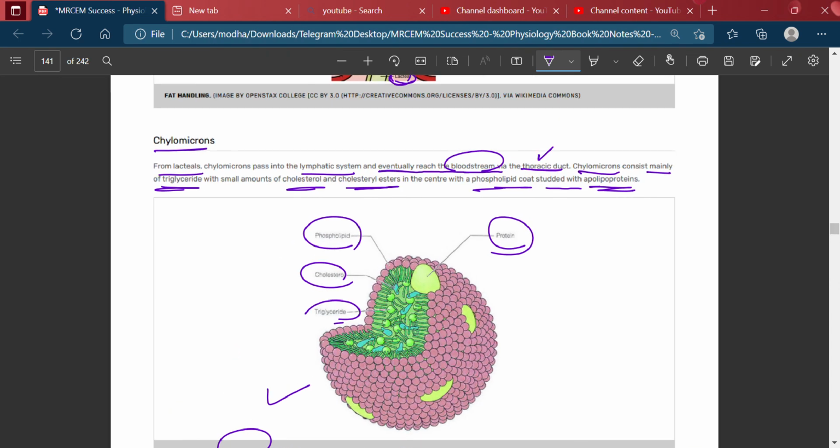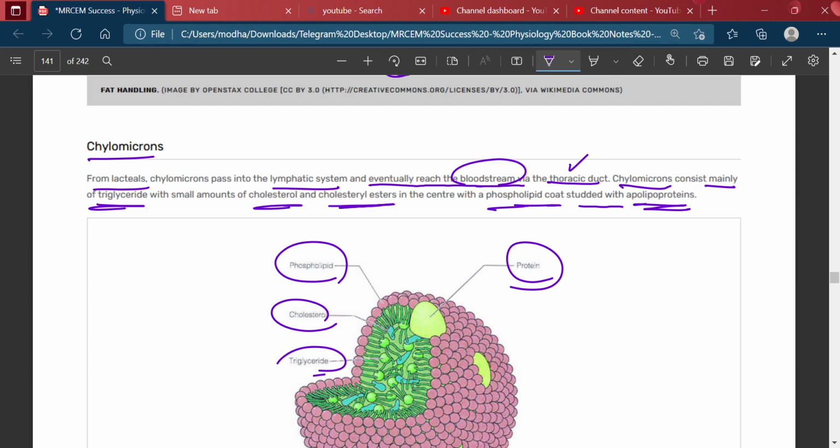So from lacteals, chylomicrons pass into the lymphatics and eventually reach the bloodstream via the thoracic duct. Chylomicron consists mainly of triglycerides with small amounts of cholesterol and cholesterol esters in the center, with a phospholipid coat studded with apolipoprotein.